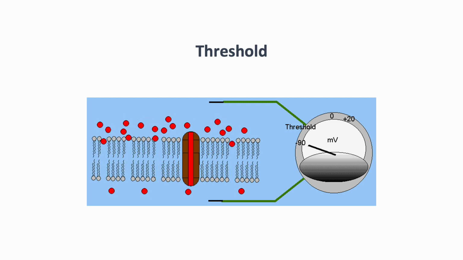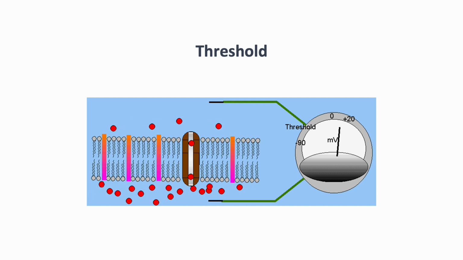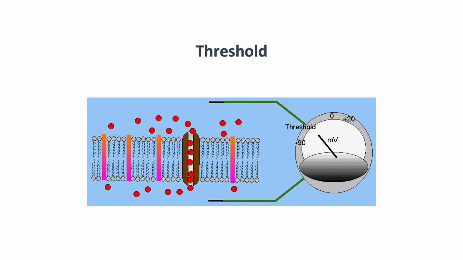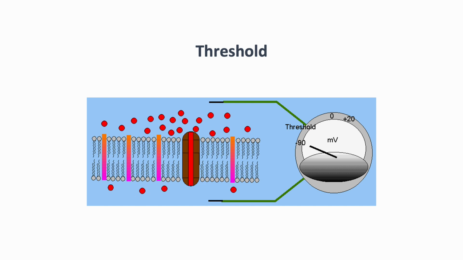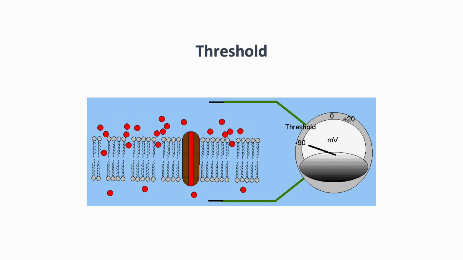Neurons that receive a weak signal will not fire an action potential, while neurons that receive a strong signal will fire action potentials and transmit the signal further. This helps ensure that signals are transmitted accurately and efficiently through the nervous system.